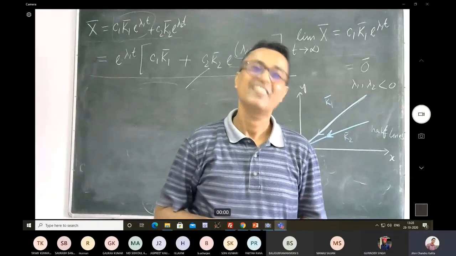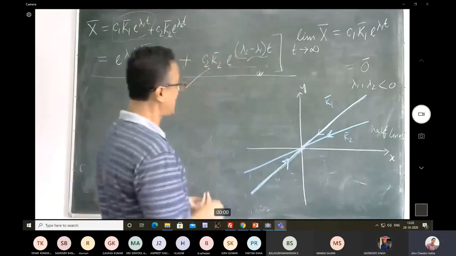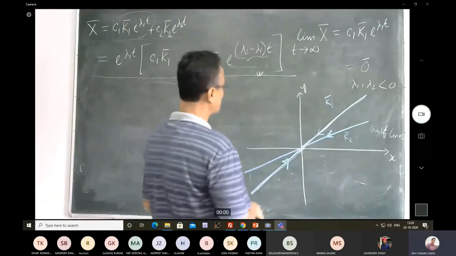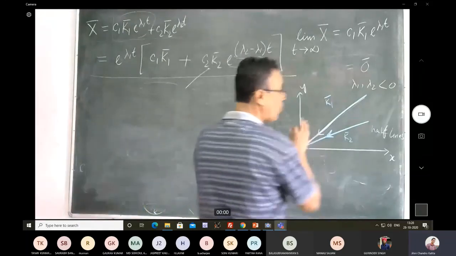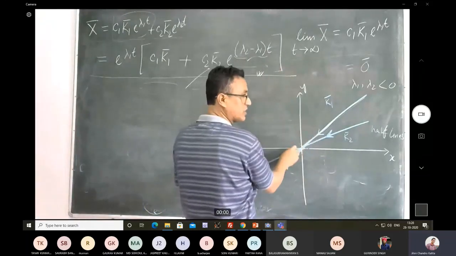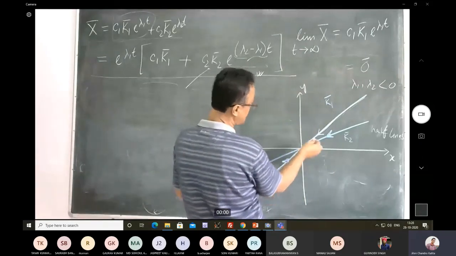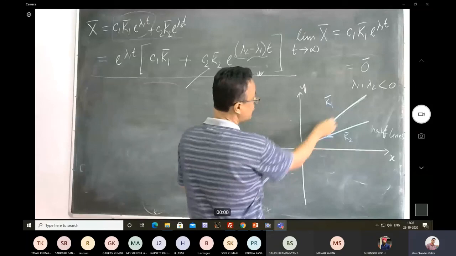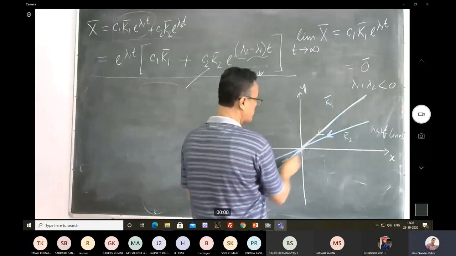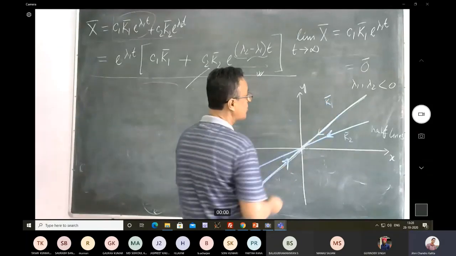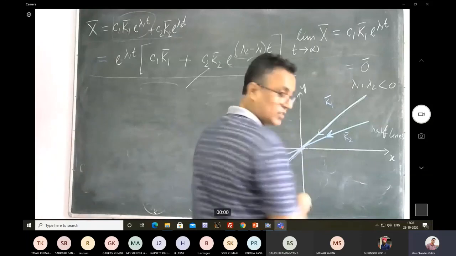So that is why whatever other trajectories are going to be there, they are going to be moving towards K1. So how are they going to move towards K1?